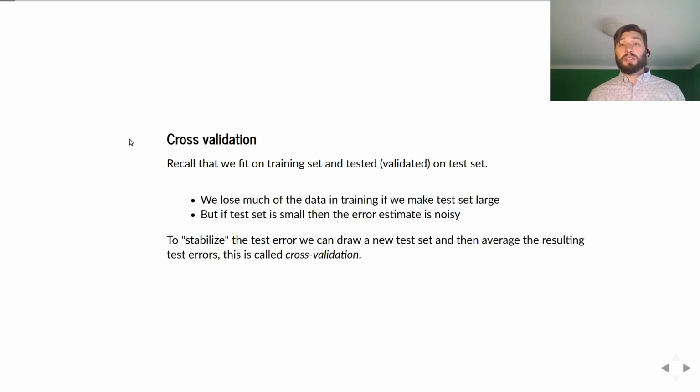The way that we do that is we repeat this process of holding out a test set from our training set, refitting on the training set and reevaluating on the new test set. To stabilize this test error, we continually do this process multiple times and then average the resulting test errors. And this is called cross-validation.